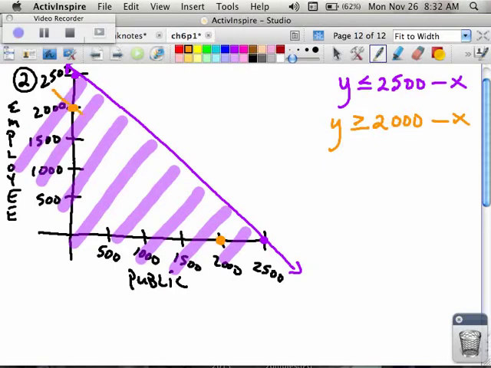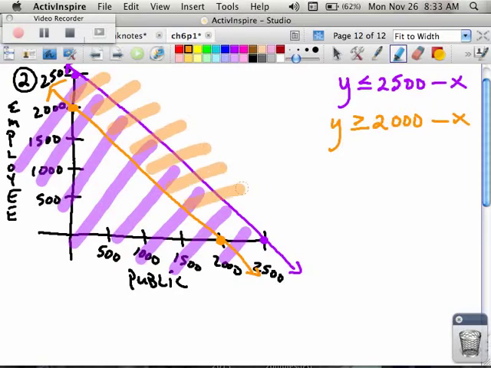And these are parallel lines, actually. But in the orange case, I want to be greater than or equal to that, which means above the line. So now I'm shading in this direction. And what you can see is that our feasible region is now trapped between the orange and the purple lines.